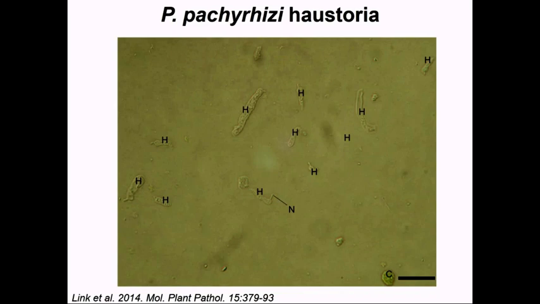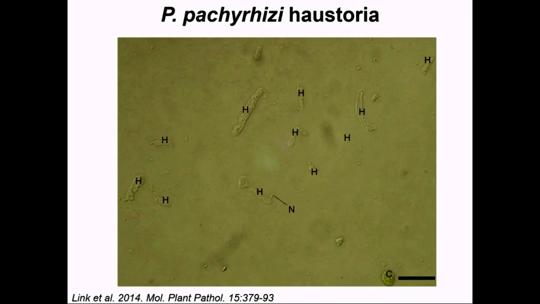So as a starting point for studying effectors in soybean rust, you can isolate haustoria from infected tissues. This shows a micrograph of haustoria that had been isolated from heavily infected soybean plants at about 14 days after inoculation with Phakopsora pachyrhizi. You see these haustorial bodies here, and then this kind of neck structure.